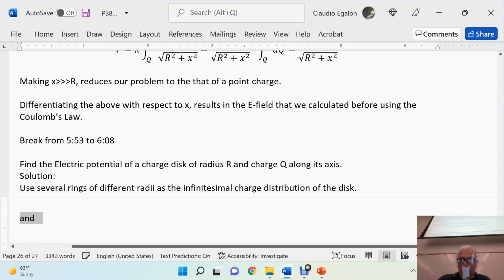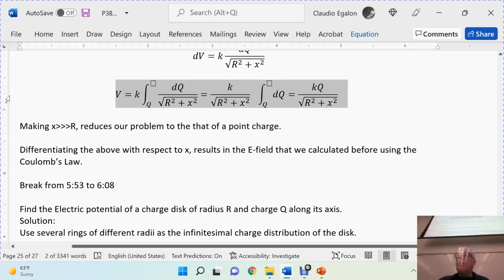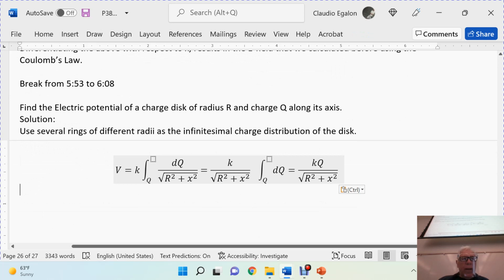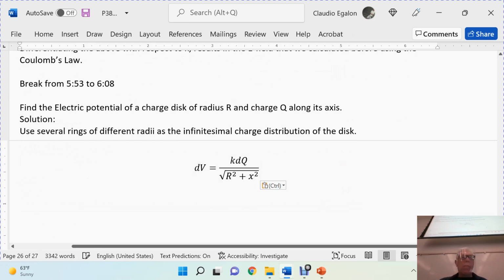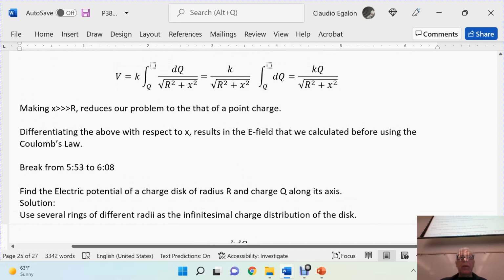So here you go. The dV of the disk is now going to be given by the V of the charged ring. That's what we got for the charged ring.